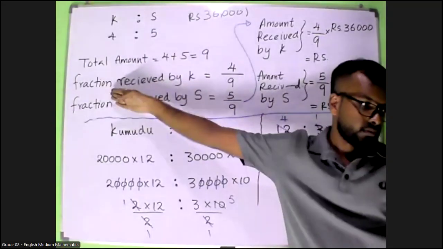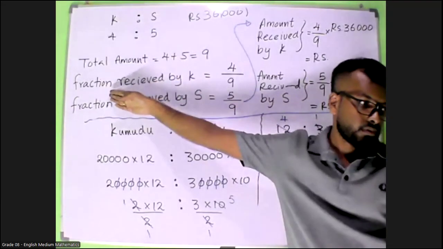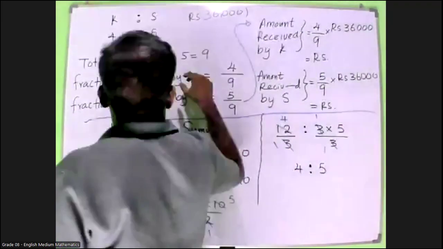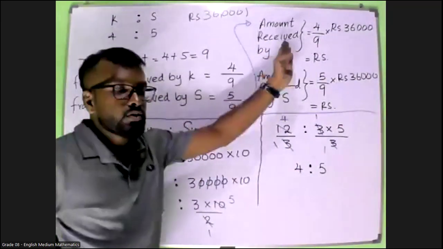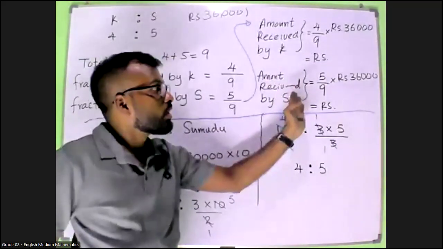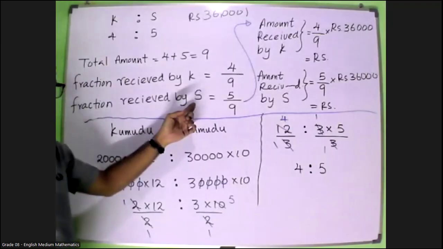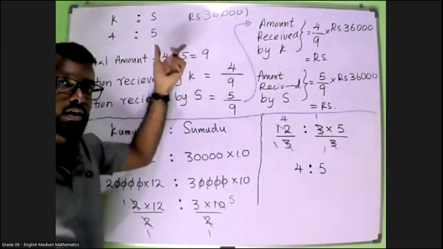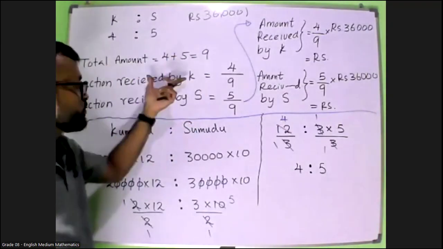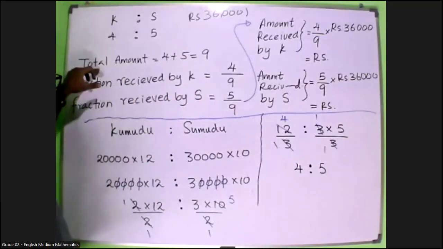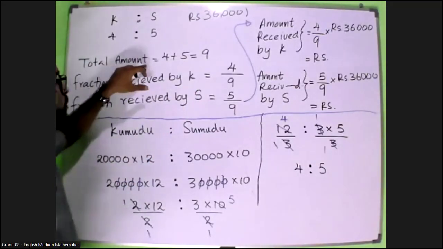From 4/9. Yeah, that's right. Alright. So before finding the amount received by Kumudu and Sumudu, we have to find the fraction received by Kumudu and Sumudu. So how to find the fraction? The total amount we have to find first.